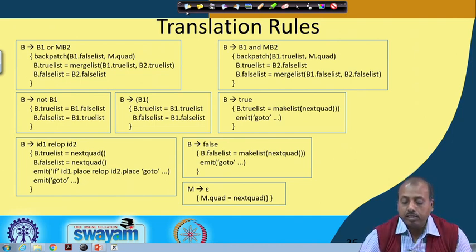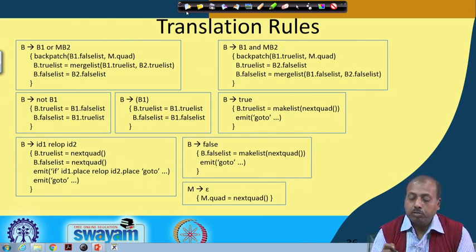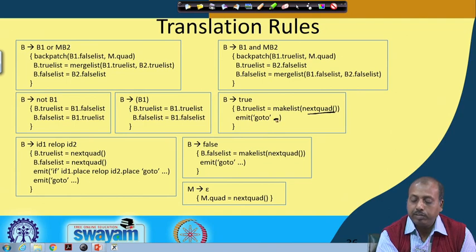So, that is this emit goto. This has to be filled up. Where to go we do not know, because only once this target is known can this be filled up. So, it is left like this, but before that the next quad function has been called. So, this is a point where the expression is definitely true.